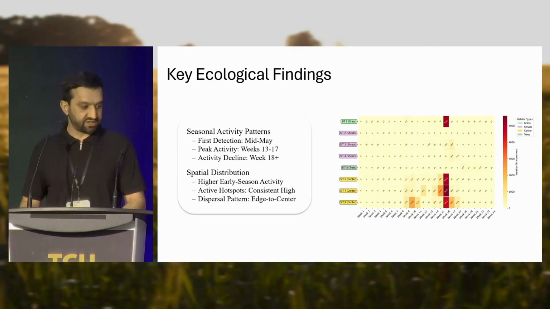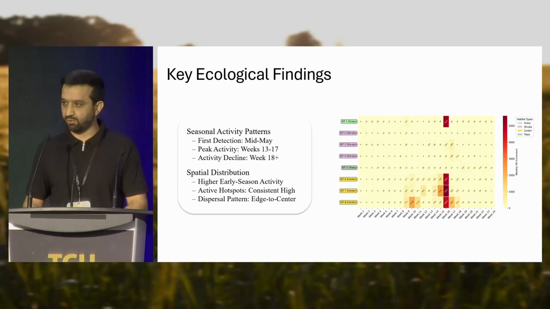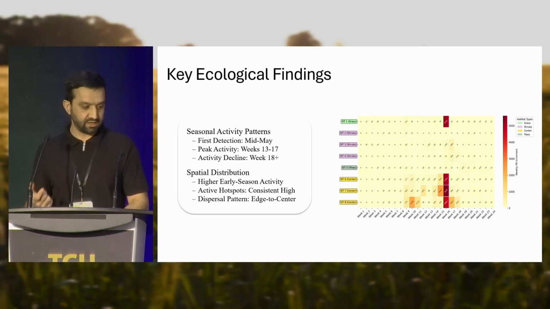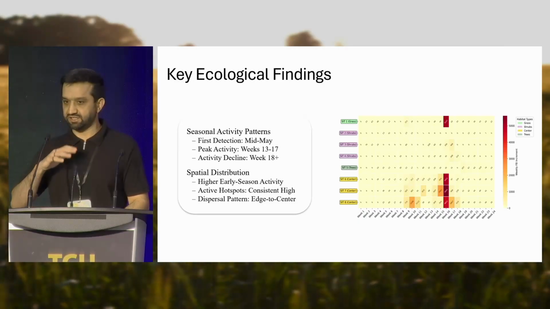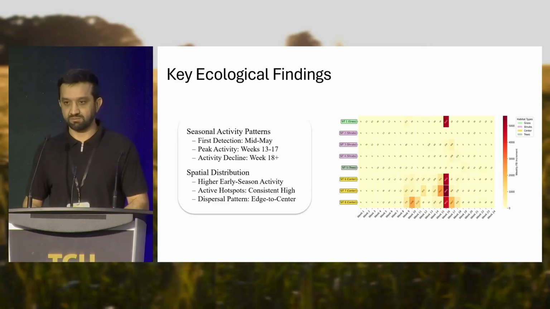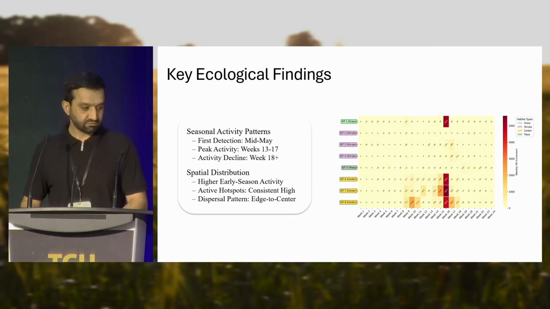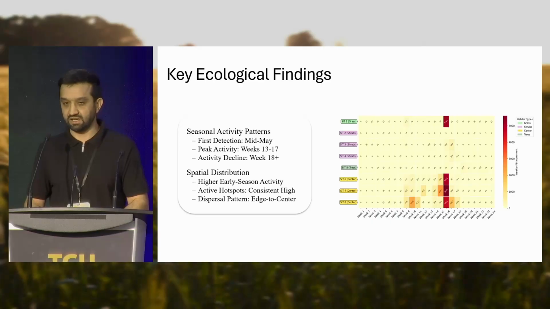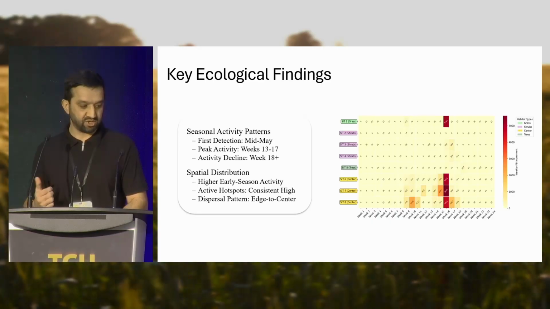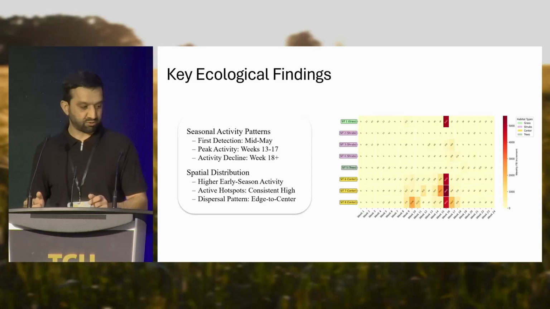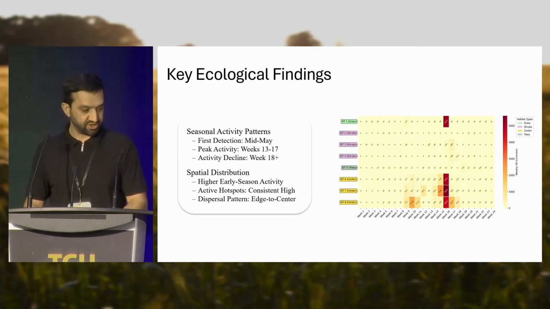The peak activity occurred from week 13 to 17, within the canola plots. We placed these SITs in different locations to capture how they disperse in the field, from where they emerge and where they go. Then the activity declined after week 18, the end of August, which was the time when the pods matured.